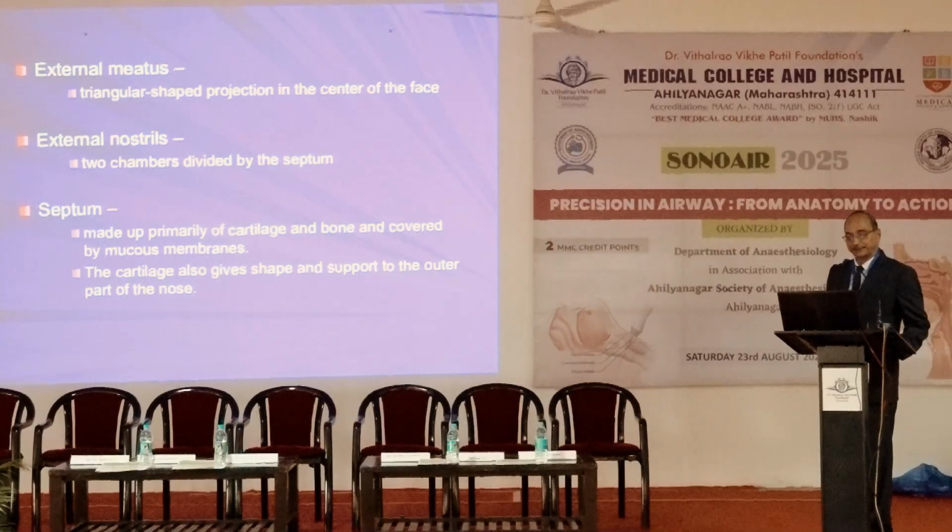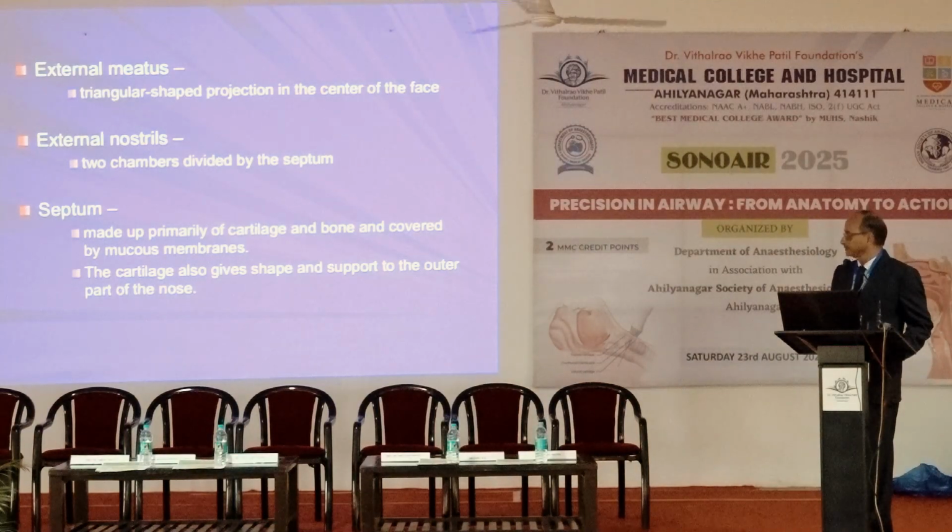The external nose is a triangular shaped projection in the center of the face, and the external nostrils are the two chambers which are divided by the nasal septum. The septum is made up primarily of cartilage and bone and covered by mucous membranes. The cartilage also gives shape and support to the outer part of the nose.